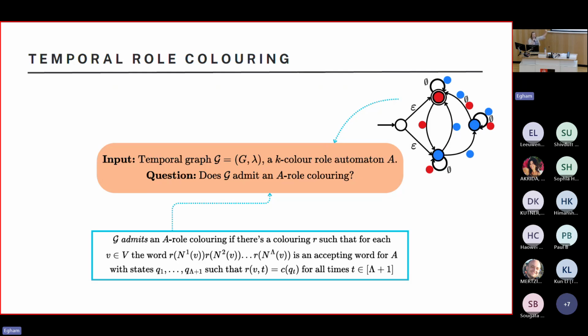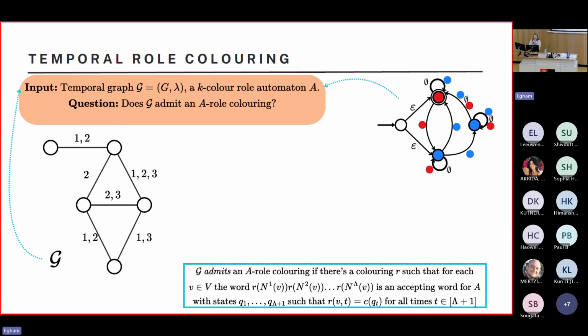So that means it ends in an accepting state, in this case our red state, such that the states that it goes through have the same colorings as the vertex. So we're not moving the vertex through the automaton with no care of what color the actual state it's in is.